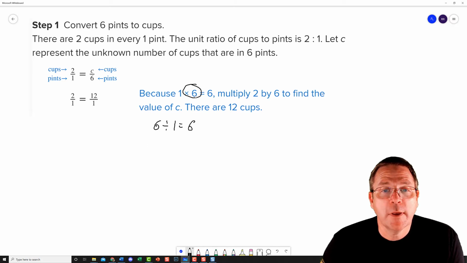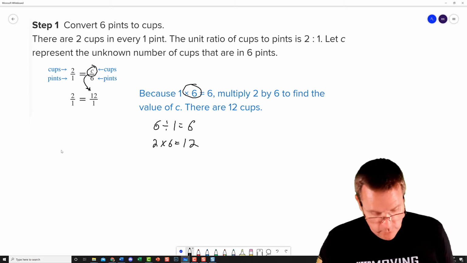So now we can say that 1 times 6 is 6. Therefore, to find out what the cups is going to be, we need to say 2 times 6 is equal to 12. And that's the reason that this C right here became 12 cups. That's where that 12 came from.